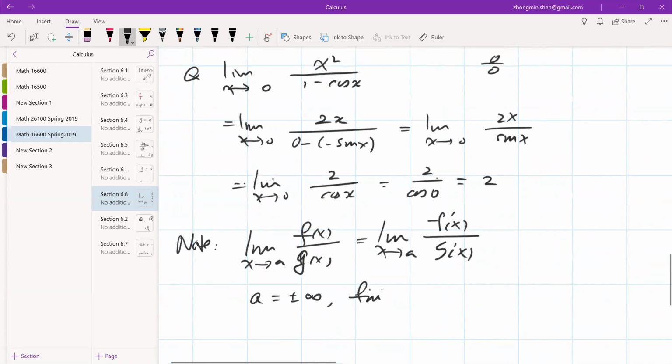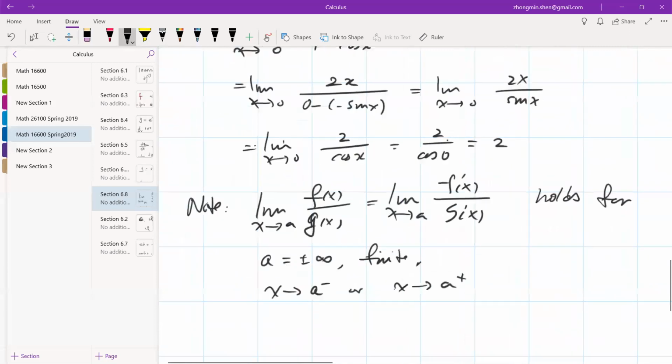The limit can also be a right-side limit or a left-side limit. This holds for the case when A equals plus or minus infinity, or is finite, or x approaches A from the left-hand side, or from the right-hand side. Sometimes just one-sided limit.